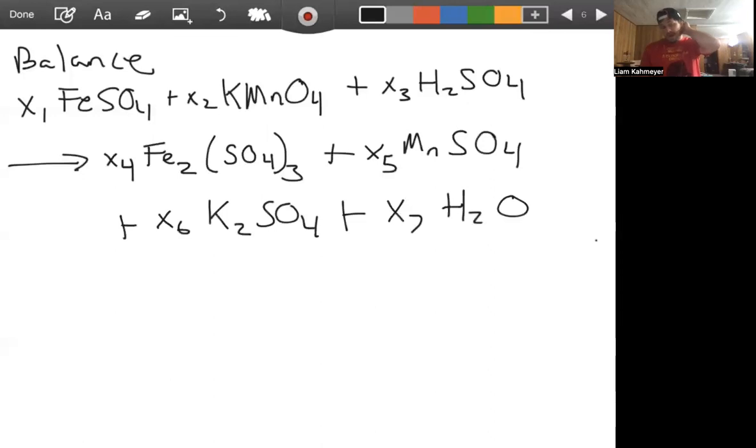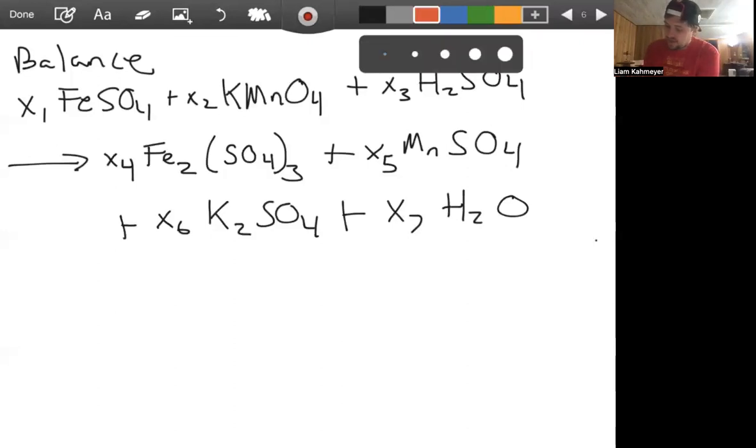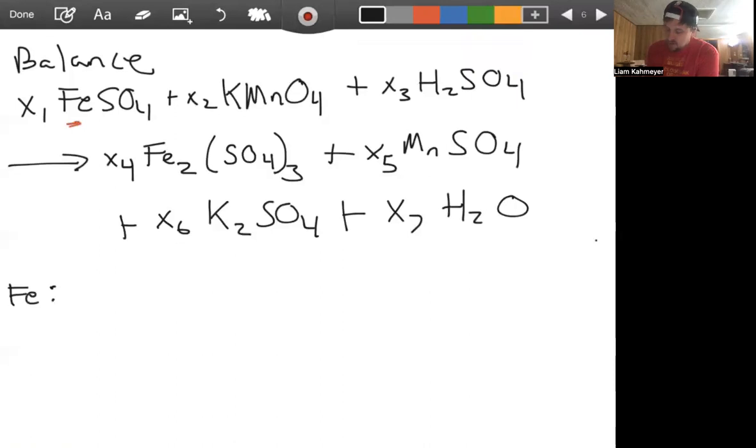All right. Now, how do you get a system of equations from this reaction here? Well, if this is balanced, you have the same number of atoms on the left as on the right. So that means, for example with Fe here, we need the same amount of iron atoms on the left as on the right.